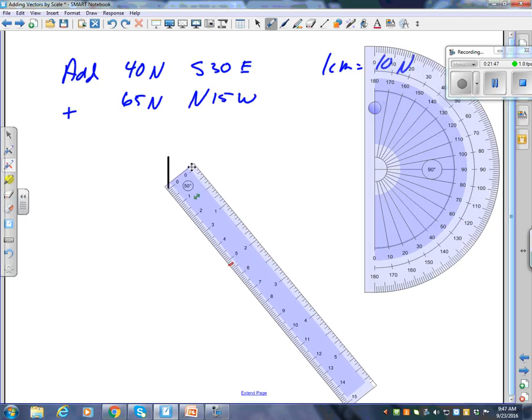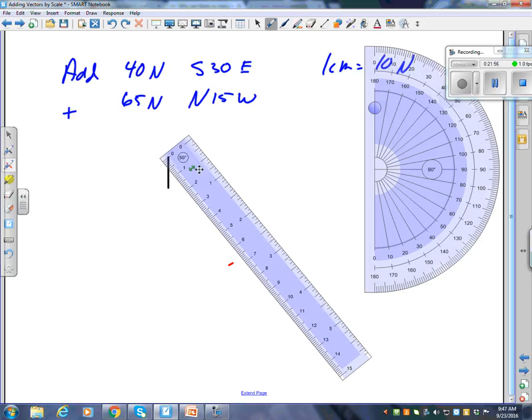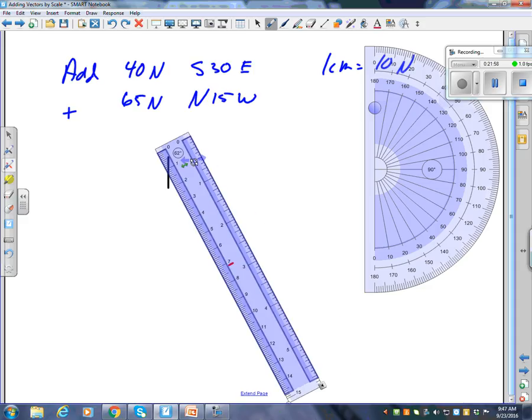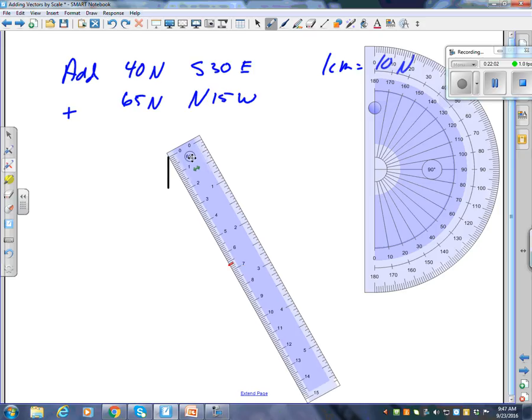Four. Oh, and I gotta do it from the top, right? It's 30 degrees, that's why I missed it. Okay, 40 newtons. So 4 like that.